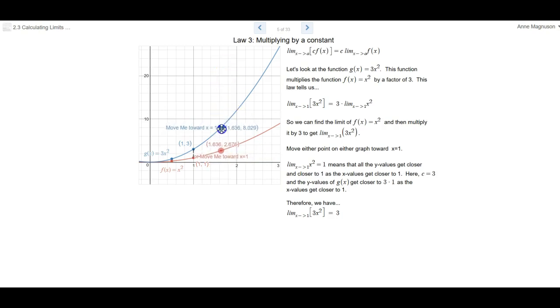So as your x-coordinates are approaching 1, the y-coordinate is just 3 times the y-coordinate of the function f of x equals x squared. So it makes sense that the limit is just 3 times the limit as x approaches 1 of x squared.